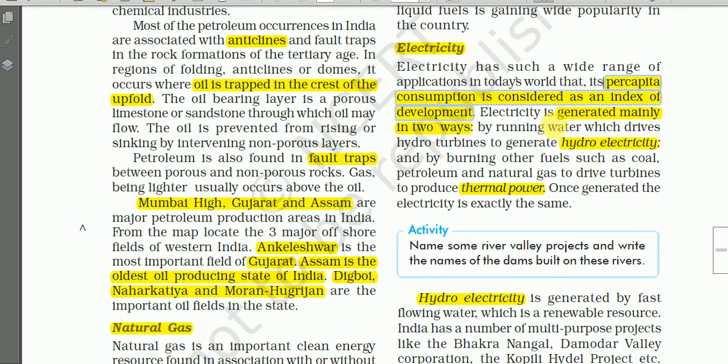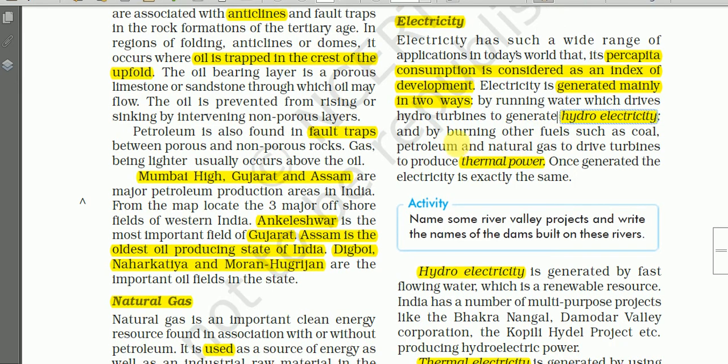And electricity is generated mainly in two ways. The first one is by running water, which drives hydro turbines to generate hydroelectricity. That is, the first one is by running water at the dams or at the waterfalls. That is known as hydroelectricity.